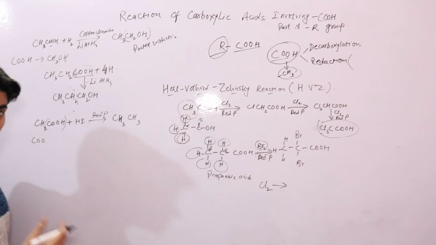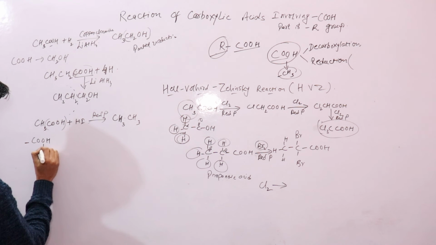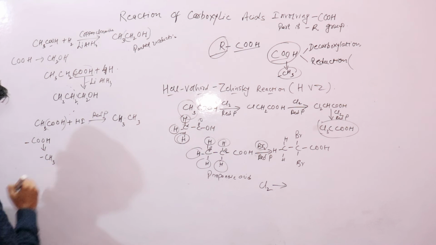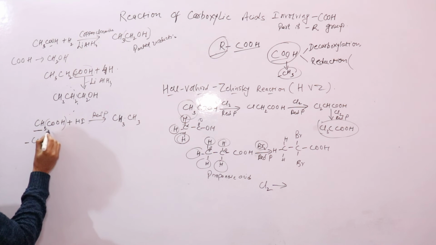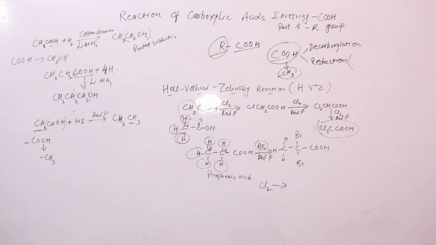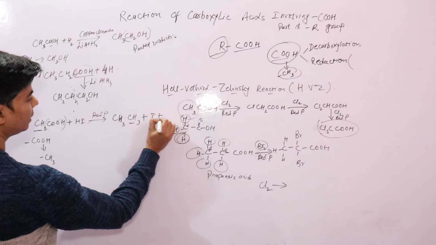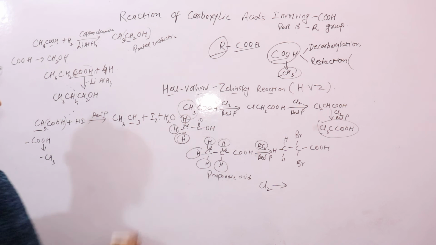This is your complete reduction of COOH. COOH will be reduced to CH3 group, right? This is what is happening here basically. And this is what is formed, plus you will get iodine and water here, right? I hope this is clear.